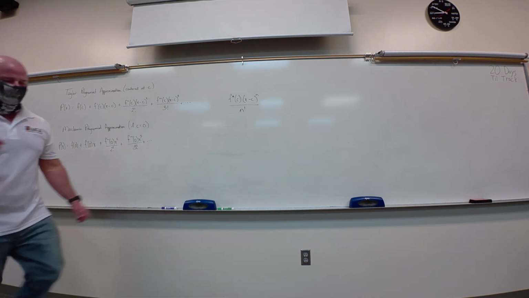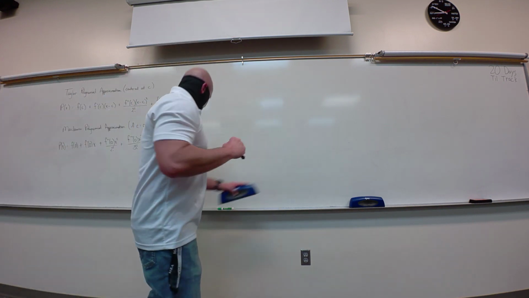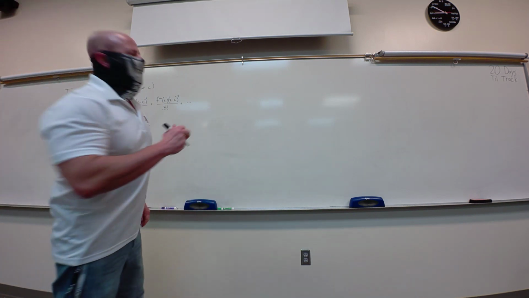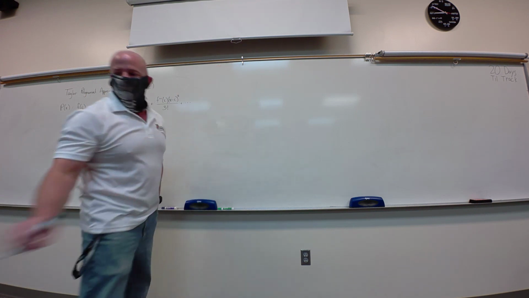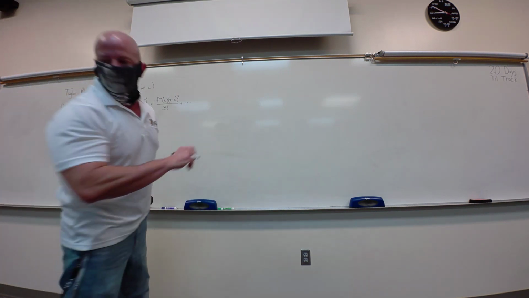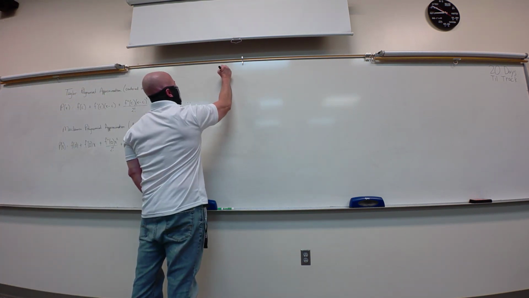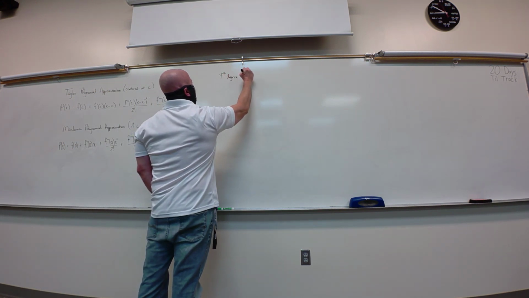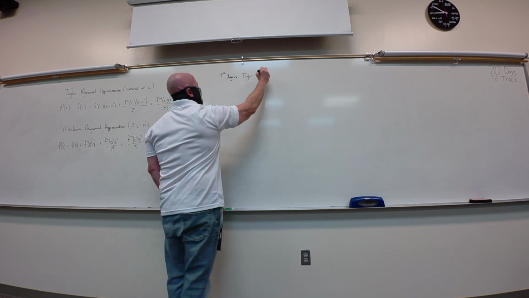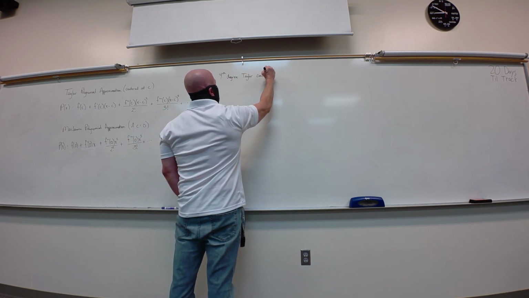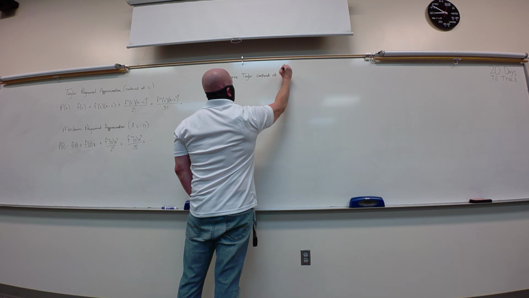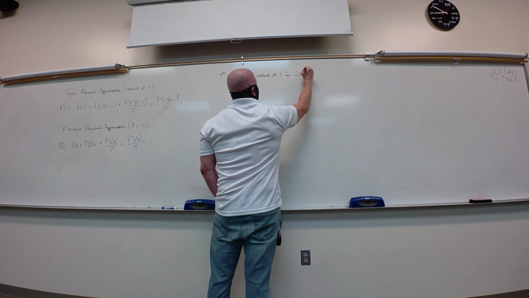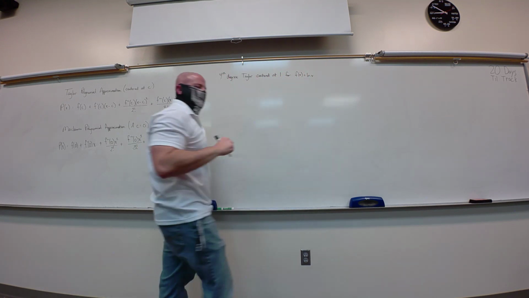So let's look at a function. Let's go a Taylor polynomial for f of x centered at 1. Let's go a 4th degree Taylor centered at 1 for f of x equals ln x.